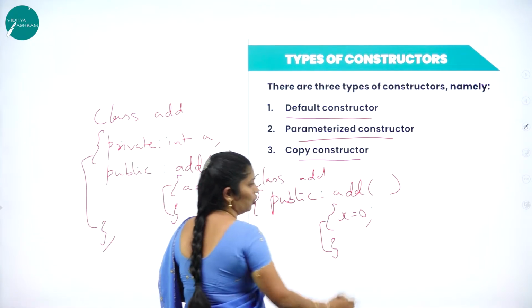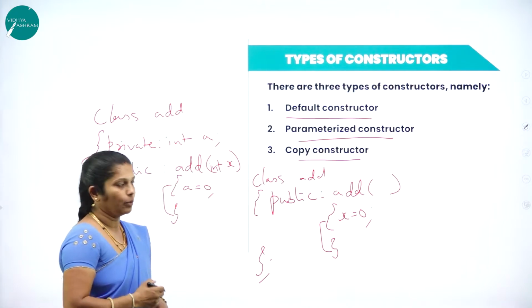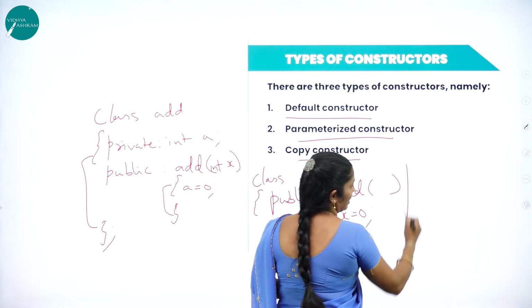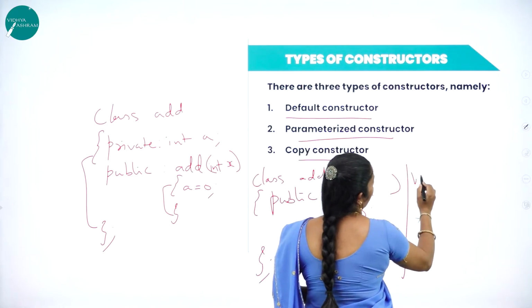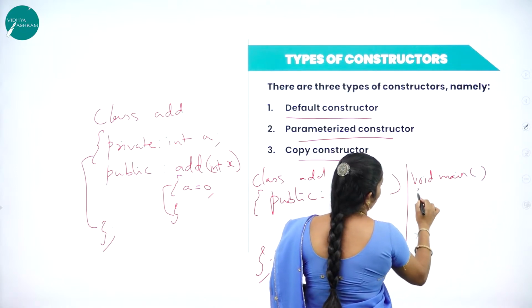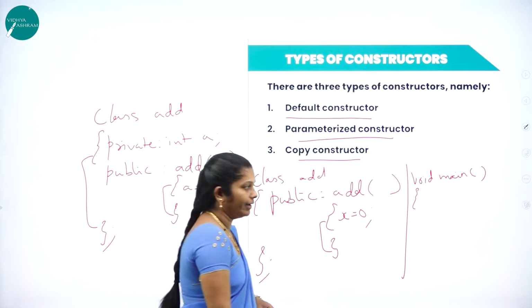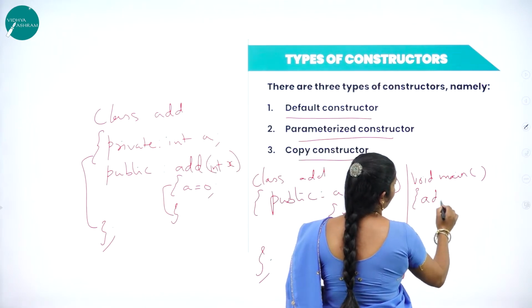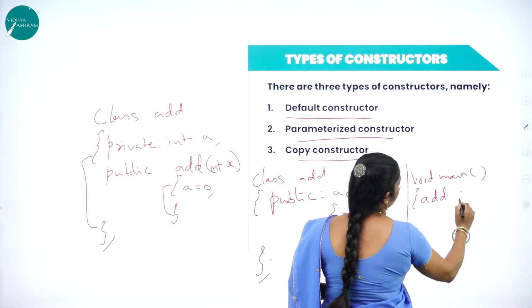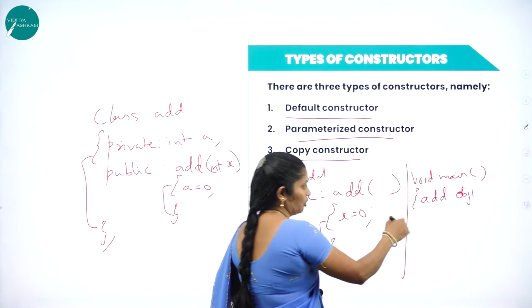If it does not have any arguments, then it is default constructor. For example, in the main program, void main, here we are creating the object. How to create object? By using class name we are creating. That is add, for example, here object 1 I am taking. Then one more object 2.